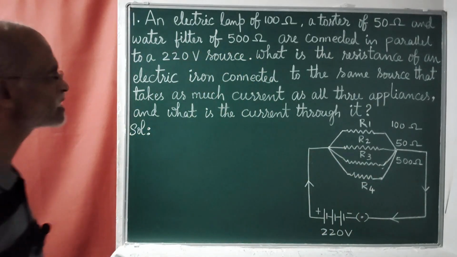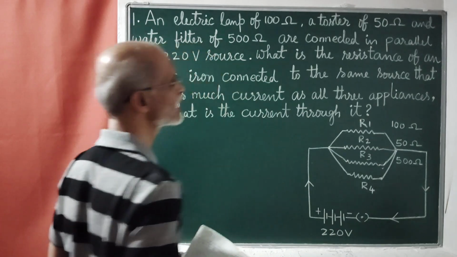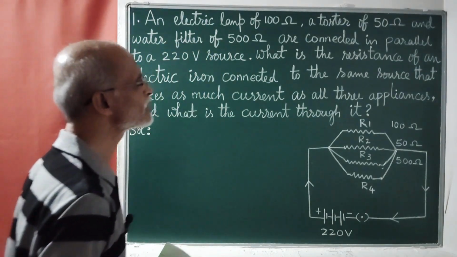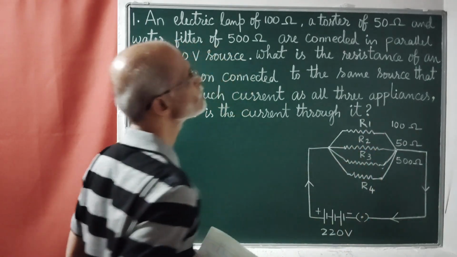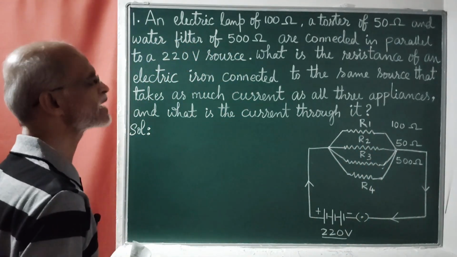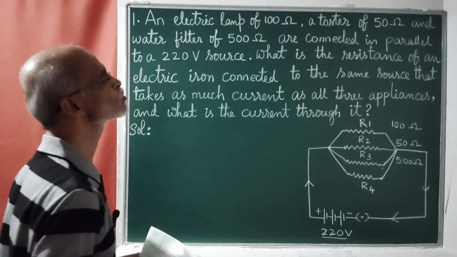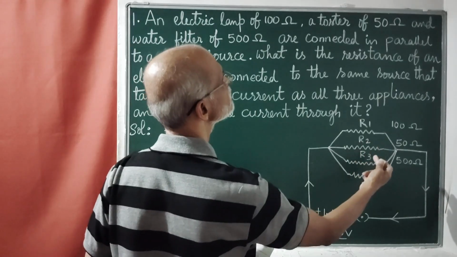It is given that R4, that is the electric iron, takes up current that is equal to the current taken up by all these three appliances. We know that current is not the same throughout the circuit. The current that flows through R1 is different. The current that flows through R2 is different. R3, they all are.